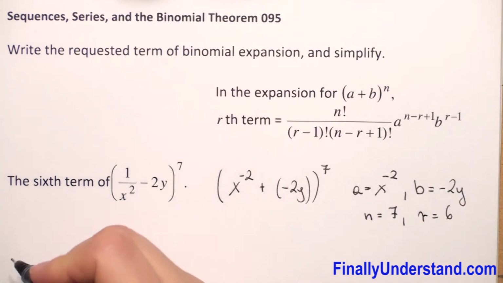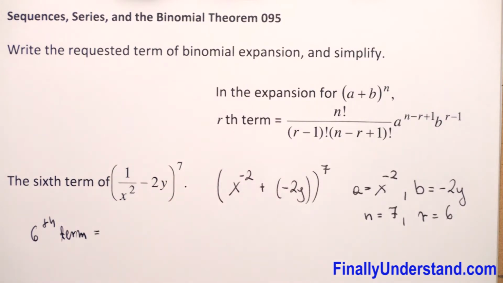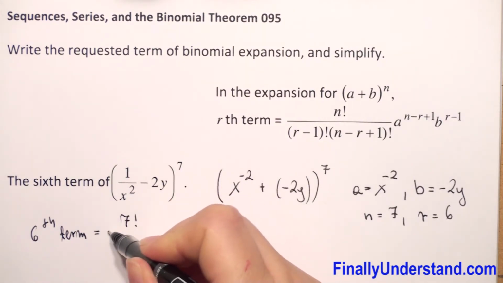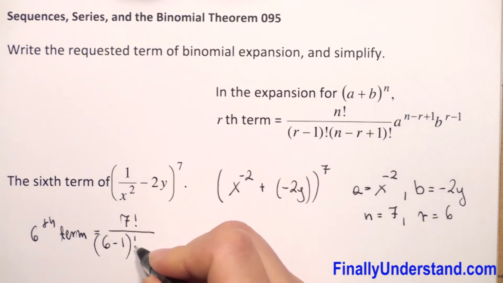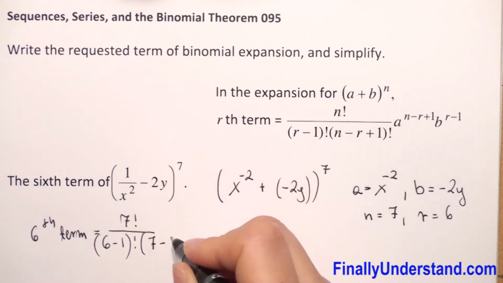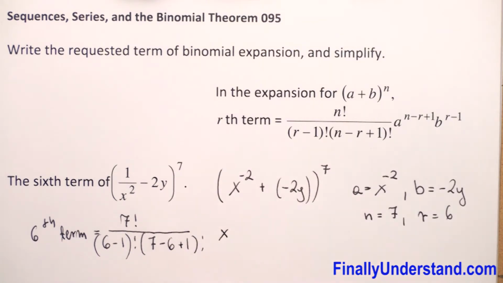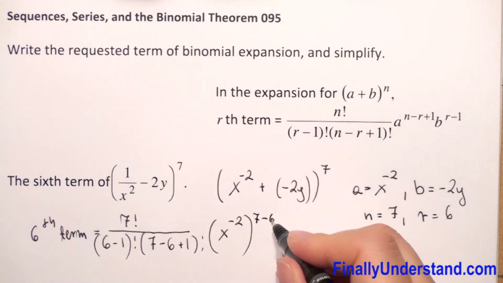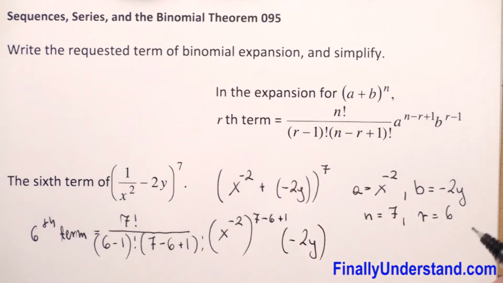So we have to just write that the sixth term will be equal to 7 factorial over (6 minus 1) factorial times (7 minus 6 plus 1) factorial, and we have x to the power negative 2 to the power 7 minus 6 plus 1, and b is negative 2y to the power 6 minus 1.